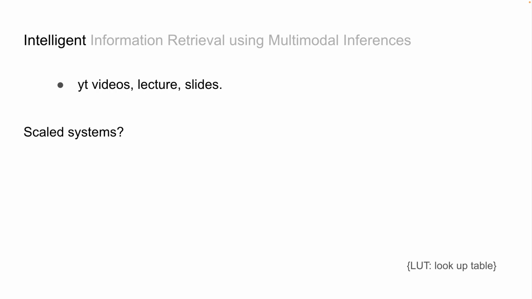But for scaled systems, let's say you have thousands of videos and audios and you query a question, a system might fail, because you won't be querying 1,000 videos in real time and then generating a response. That might or might not be the case, but I think the word intelligent triggers that there's more to look into in information retrieval systems to make them intelligent.